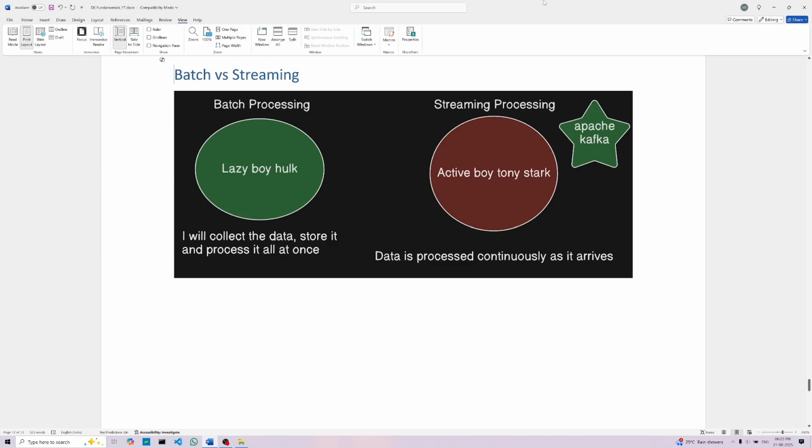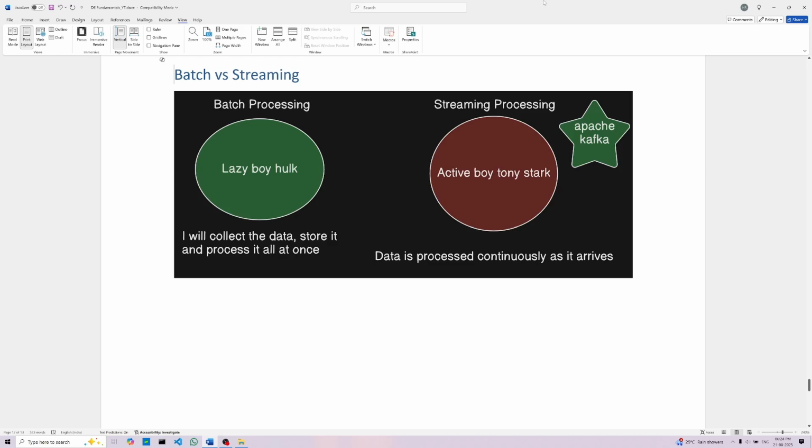Now the second one, streaming processing. The second one is Tony Stark, Iron Man. He is very obedient, very active, and likes to finish his things on time. He says he will process the data continuously as it arrives.